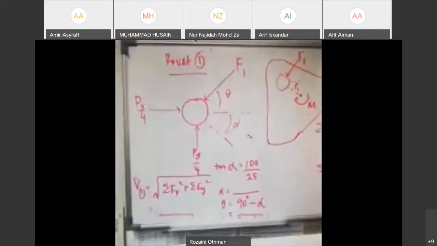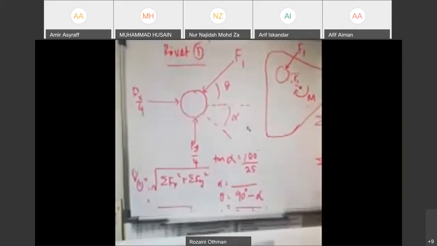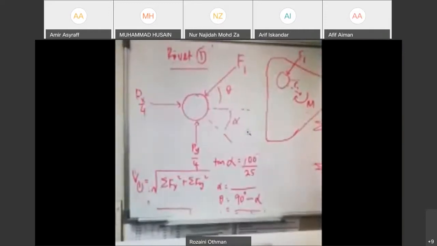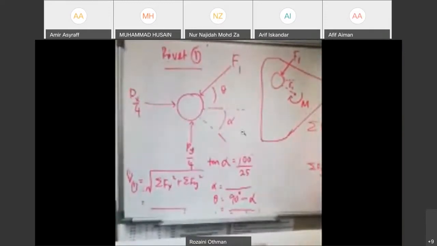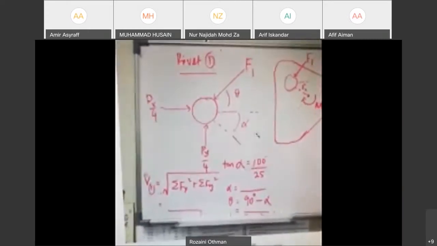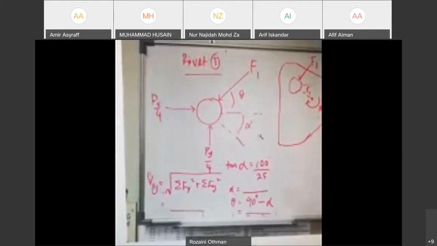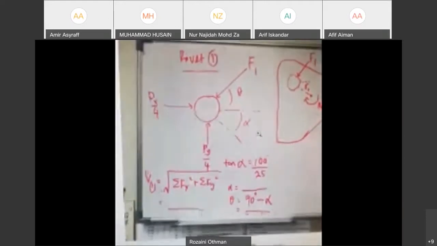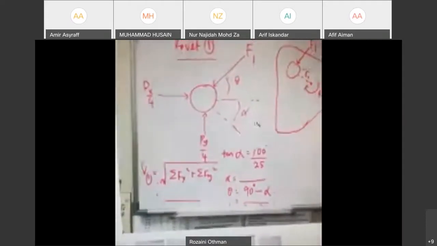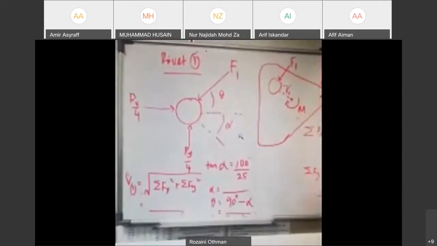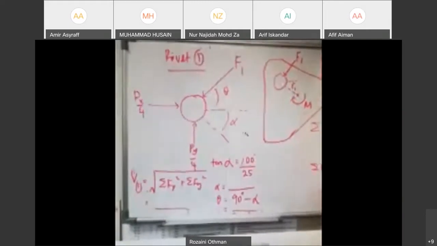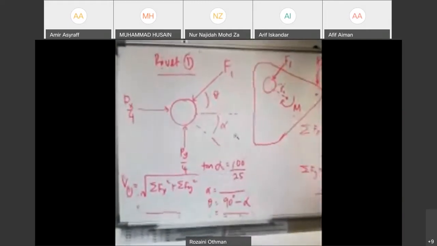We still have rivets 2, 3, and 4, and also the question just now, which is the diameter of the rivet if the ultimate stress of the material is 400 megapascal. So I will post another video on how to solve this question.